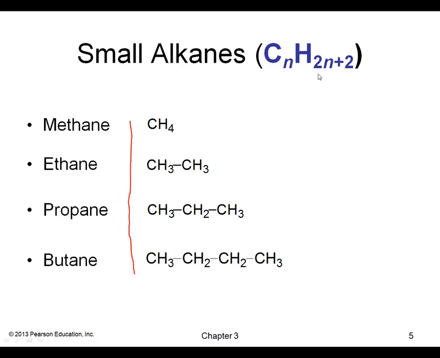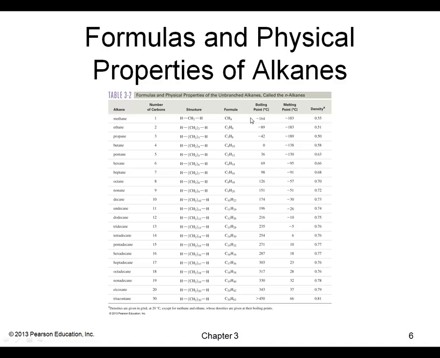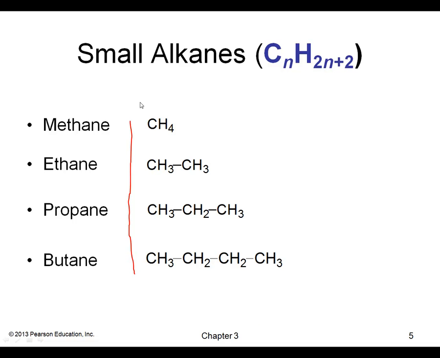Note how they fit this molecular formula. Just to go back here, so n for methane is 1, so 2n+2 would be 2 times 1 plus 2 for 4.